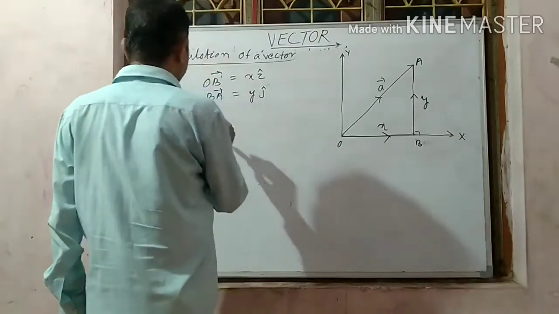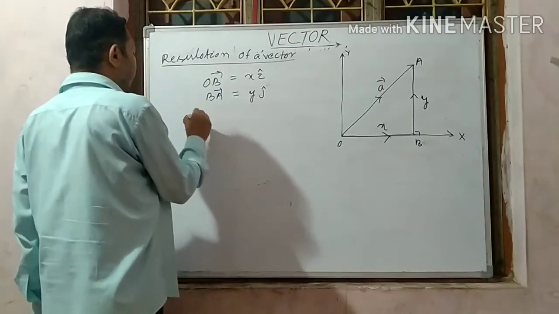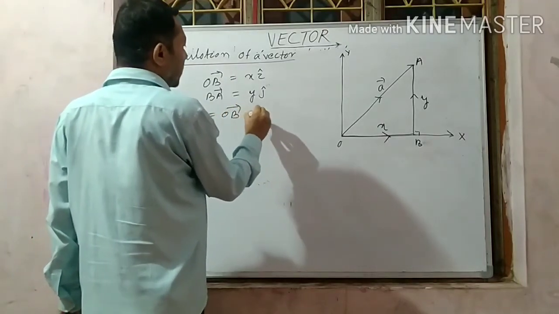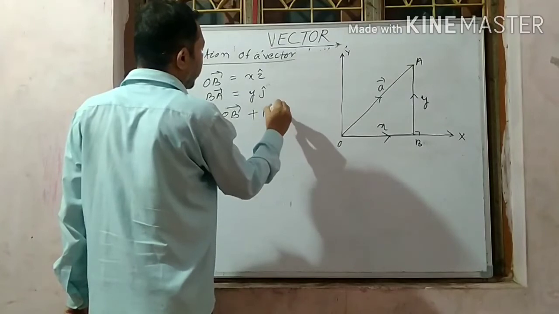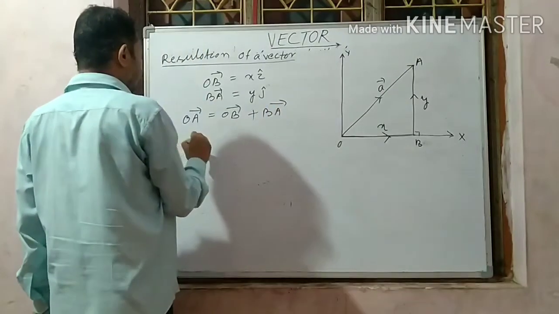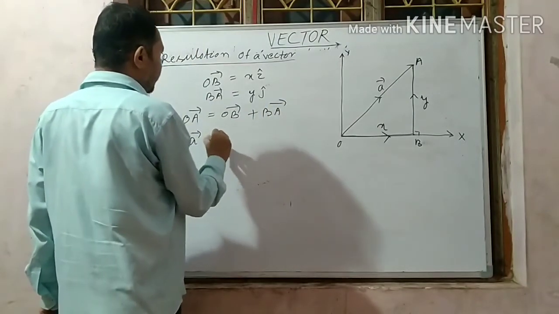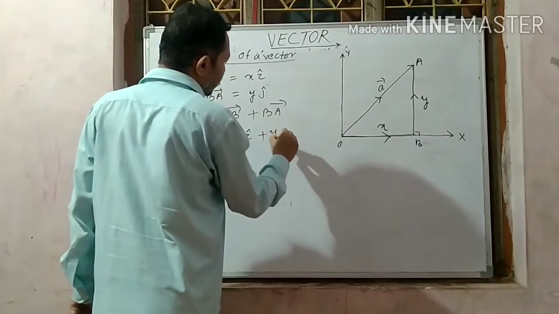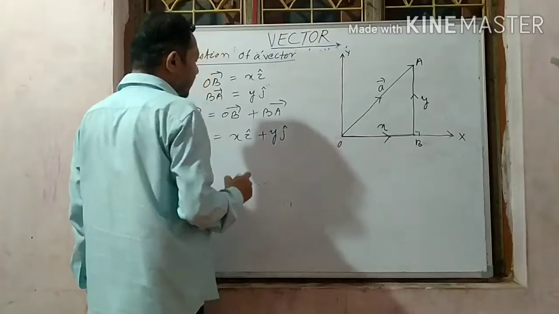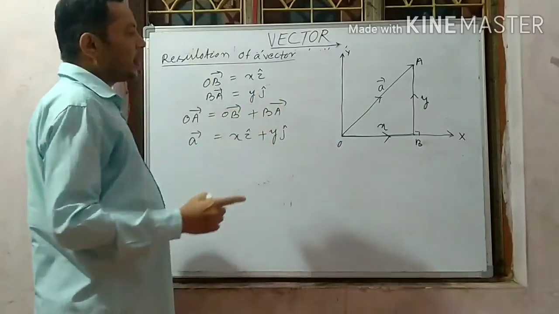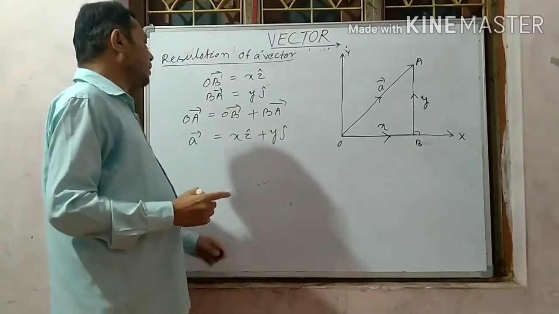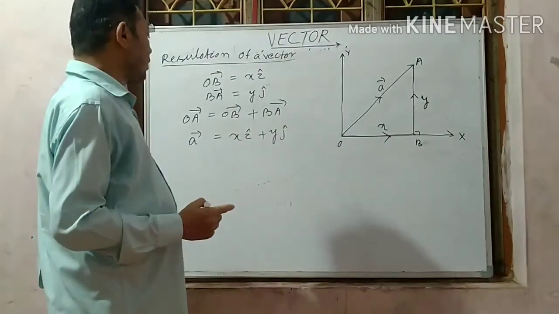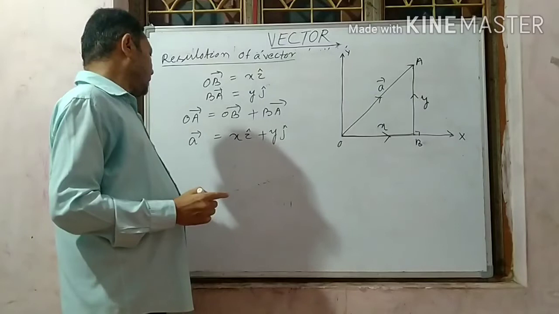Now vector OA is vector OB plus vector BA, or vector A can be written as x i cap plus y j cap, where x i cap is the component along x axis, y j cap is component along y axis or parallel to y axis.